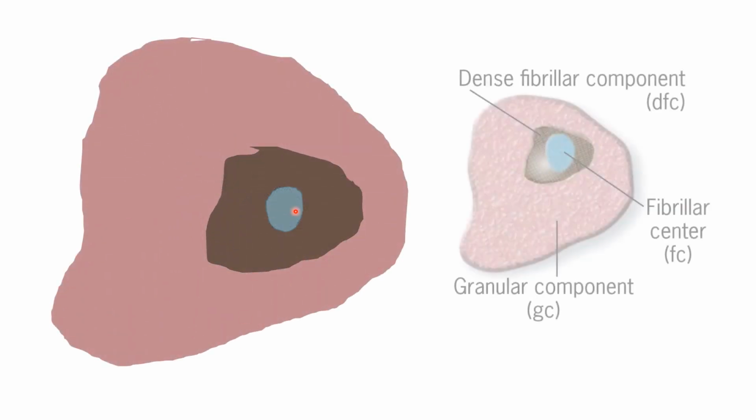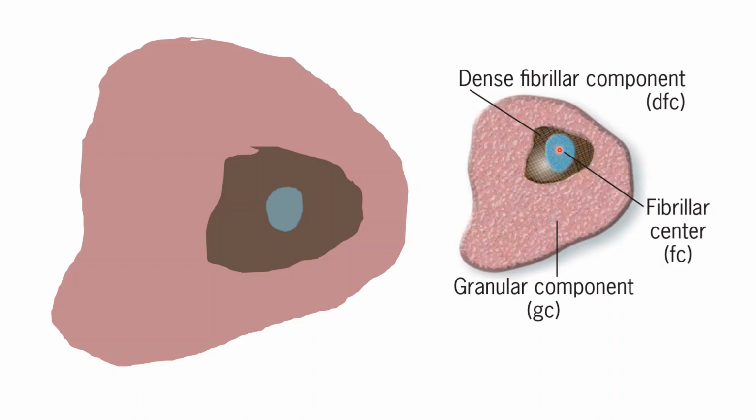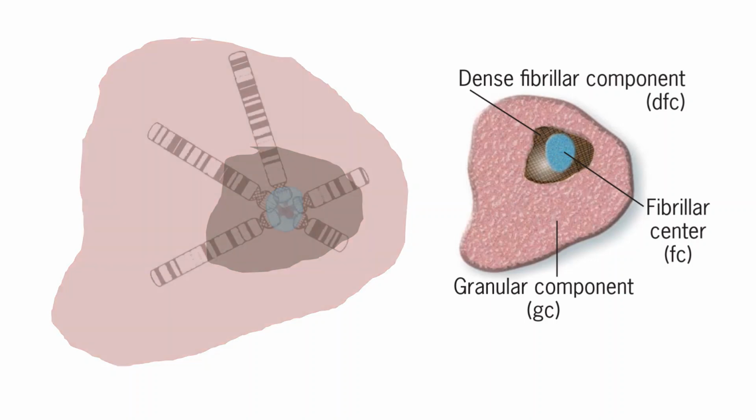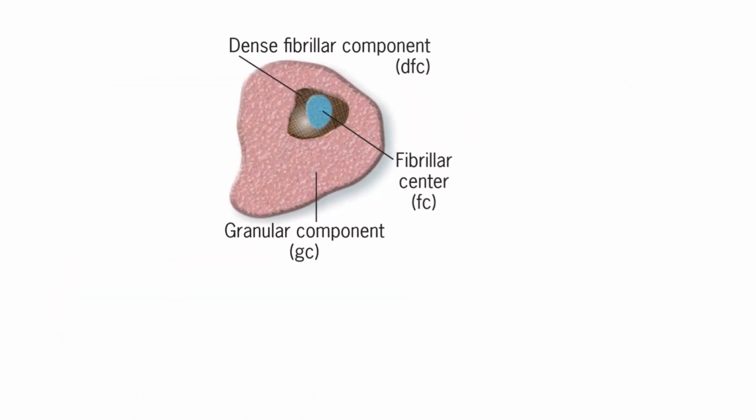So again, the fibrillar center is made of those tips of those chromosomes, in humans at least, that contain the rDNA. And what about the rest of the nucleolus?